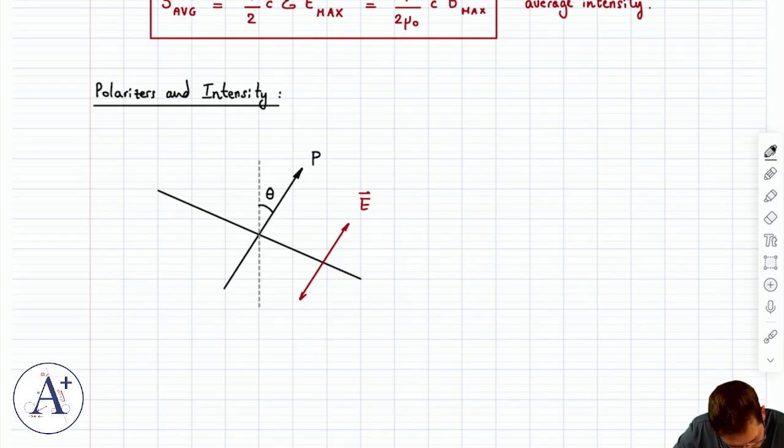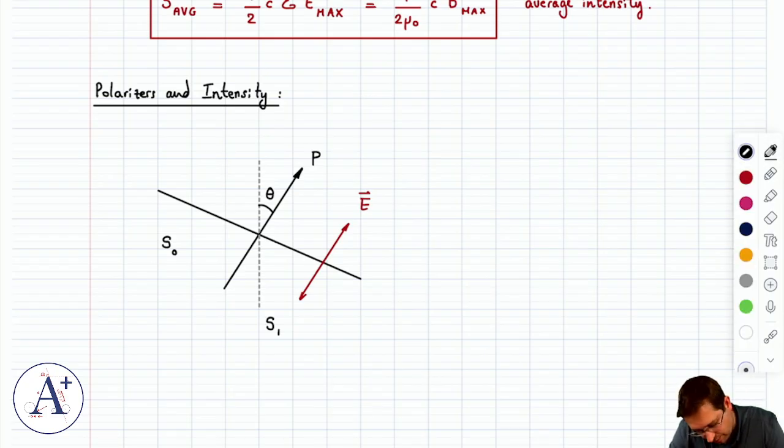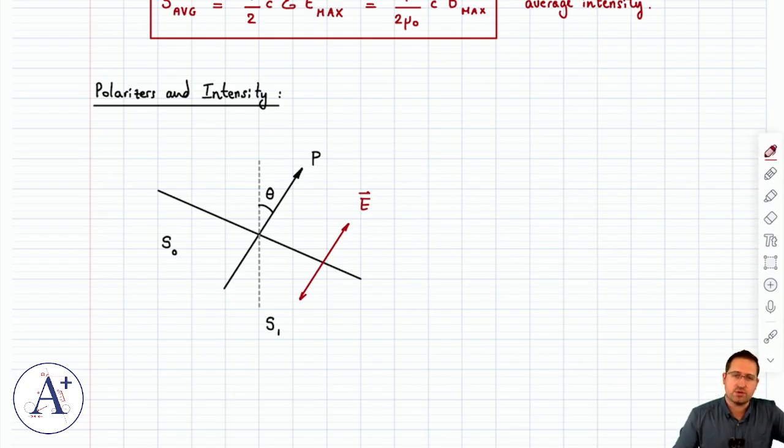Of course, whatever the intensity is after the polarizer, it's going to be less than before, because maybe a lot of light comes in, but you only let light out that oscillates along the polarizer. So how much intensity did you have before? Well, let's call it S0, and then let's call S1 the intensity after the polarizer. Now there's two possibilities.